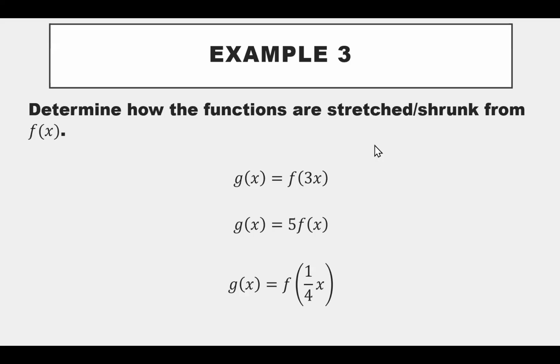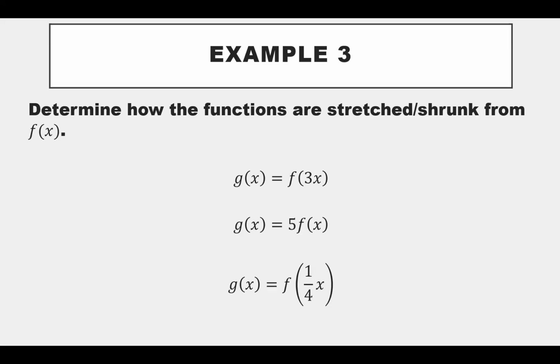Now let's take a look at example 3, where we have a function which we called f of x, and we're going to transform that by multiplying by a number either on the inside, the argument of the function, or outside of the function. g of x is equal to f of 3x, g of x is equal to 5 times f of x, and g of x is equal to f of 1/4 x.